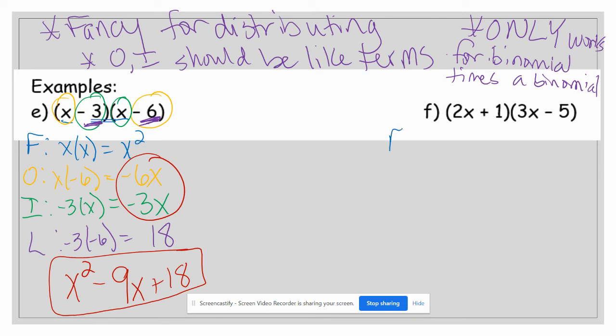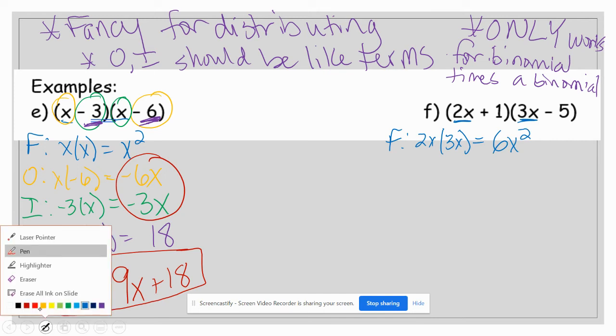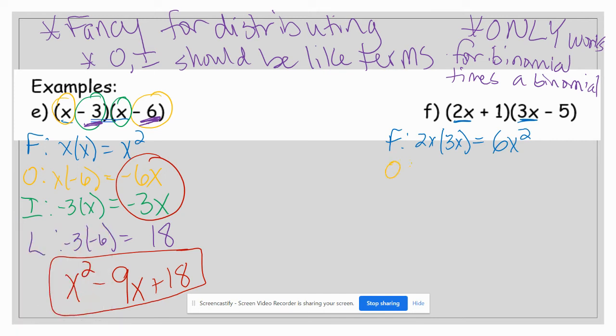Example F. Our first terms, 2x times 3x. 2 times 3 is 6. x times x is x squared. Our outside, we have 2x times -5. 2 times -5 is -10 with the x.